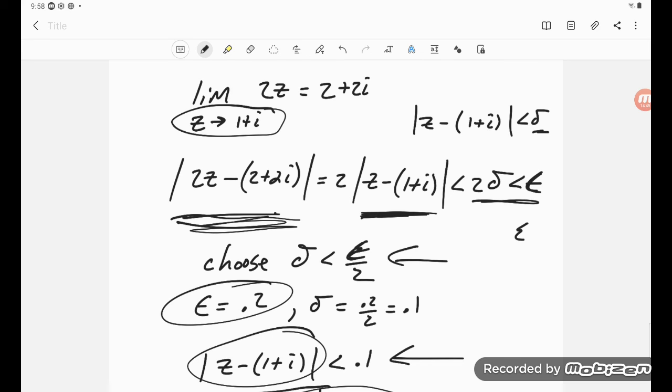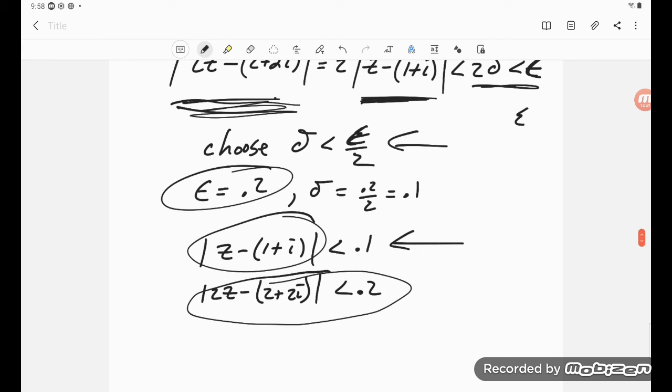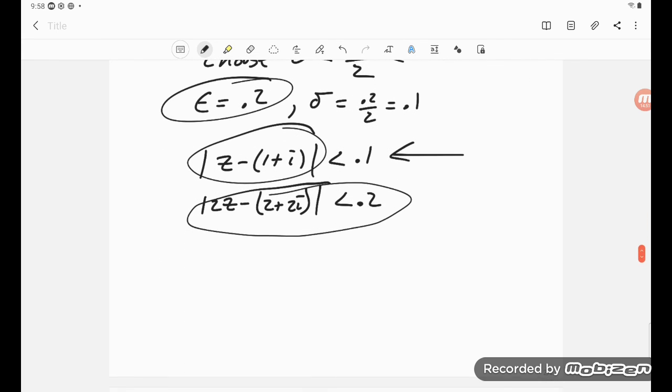It is not always so straightforward. We're not going to push this really hard, but I think it's a good idea to just see this game. And so that is our definition of a limit.